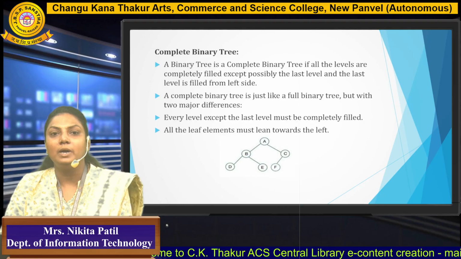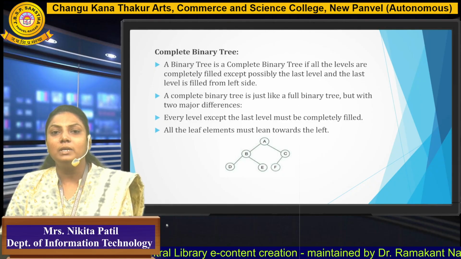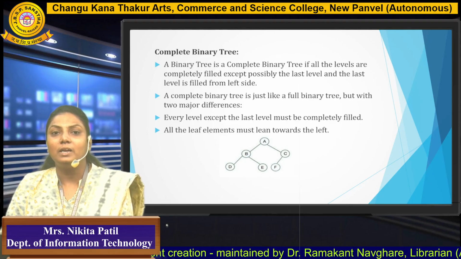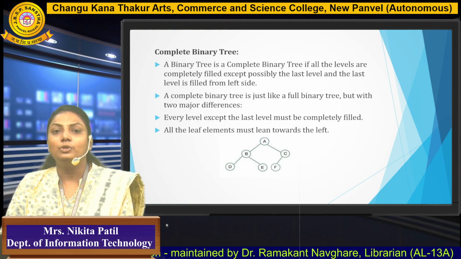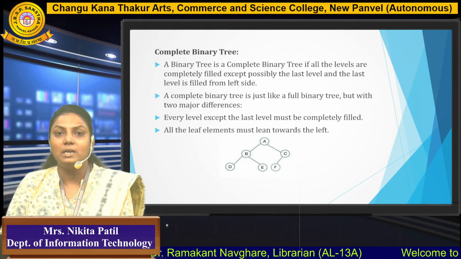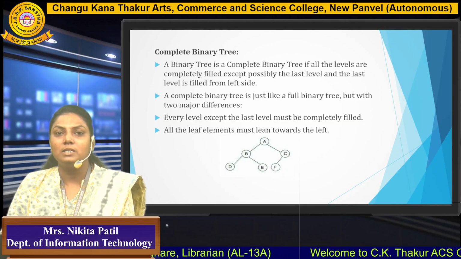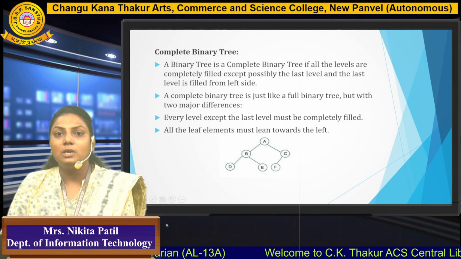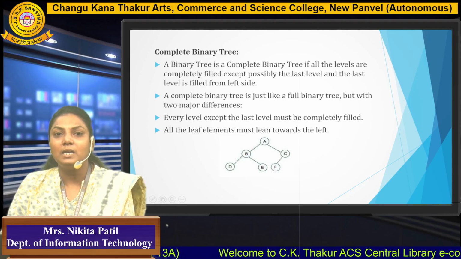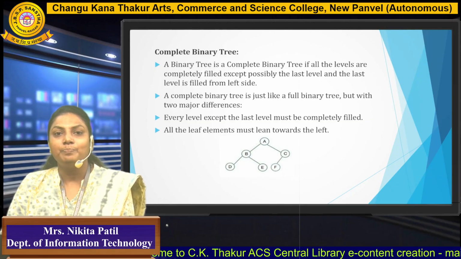It means in a complete binary tree, all the nodes may be filled up on the left side and the right side also. But another way to consider it is that at the last level, at the termination end, the left side node will be present while the right side node will be absent. That tree we also consider a complete binary tree. See in the given diagram, A is your root node, B and C are the children of the root node.